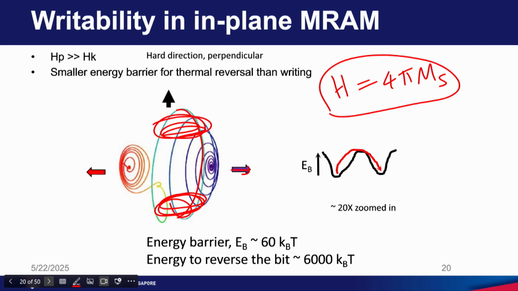The energy barrier that retains the information is 60 kBT, but when you do the reversal process, the magnetization spends a long time in the hard direction. So, the energy required to reverse the magnetization is like 6000 kBT. It is 100 times more than the energy that keeps the magnetization stable.